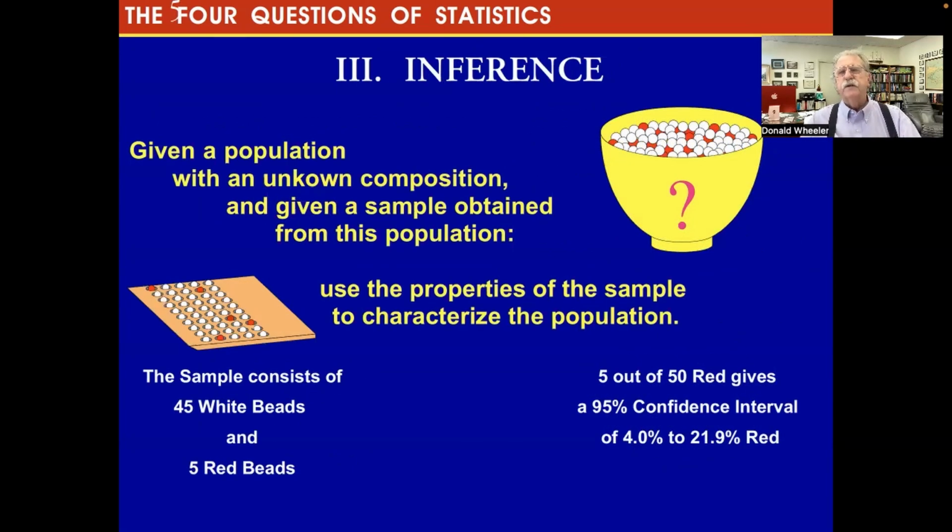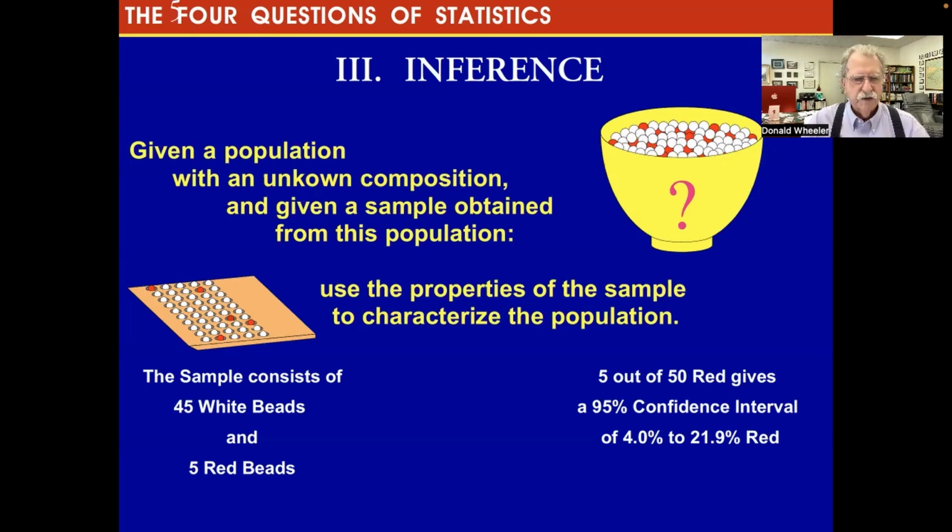The third question in statistics is inference. Given a population with an unknown composition, and given a sample obtained from this population, we use the properties of the sample to infer characteristics of the population.